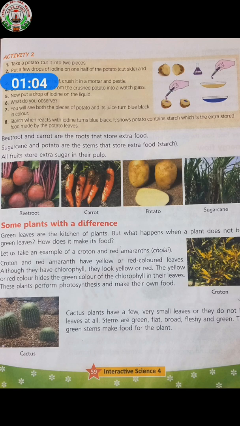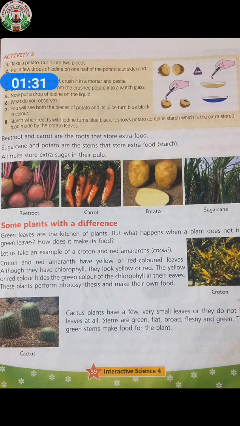Croton and red amaranth have yellow or red colored leaves, although they have chlorophyll. They look yellow or red. The yellow or red color hides the green color of the chlorophyll in their leaves. These plants perform photosynthesis and make their own food.